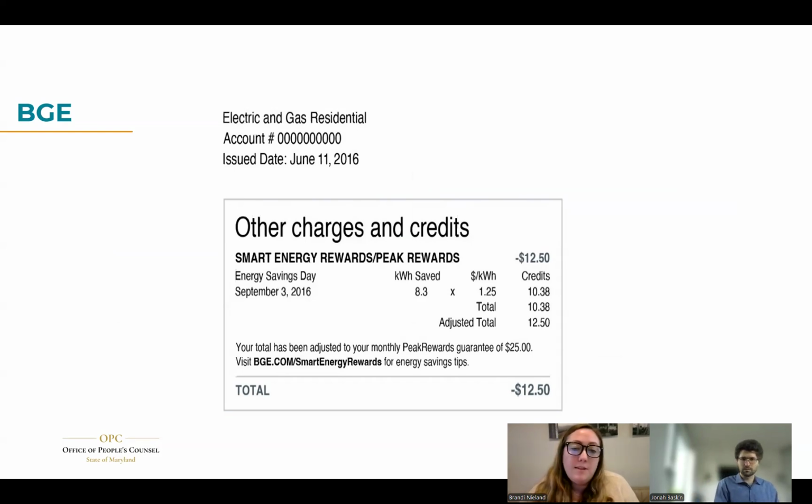And then for Energy Savings Days, these are the ones where you might get a call or a text from BGE and they're like, turn your AC down and save some money. But basically, it's bill credits at about $1.25 per kilowatt hour when you reduce during an event that they identify compared to your normal usage, and they'll pay you for it. And it's just so that they can move the load around because there's so many people with their AC on or whatever it might be.